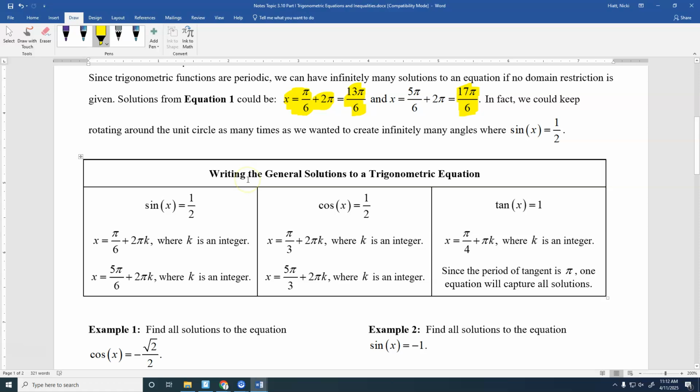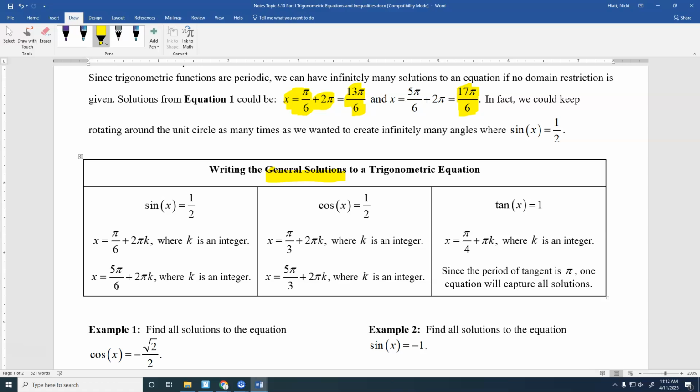Whenever we write the general solution, this is when they don't give us any restrictions. We're looking for any possible answer. It's a lot like we did for our vertical asymptotes. If we have sine, you are going to find the unit circle values where sine equals 1/2. It is pi over 6 and it is 5 pi over 6. But you can go around 2 pi however many times you want, and you would still end back up at that same spot where sine is 1/2.